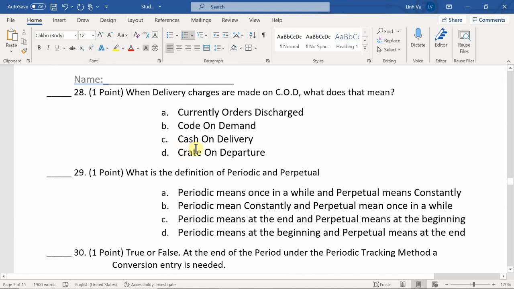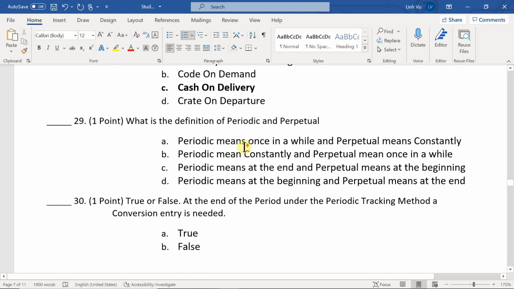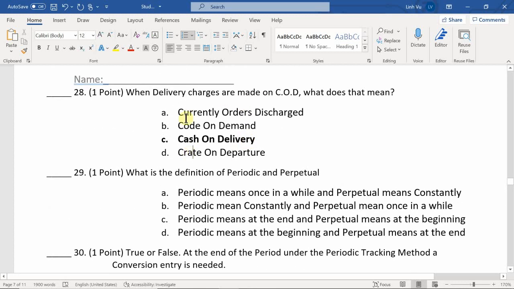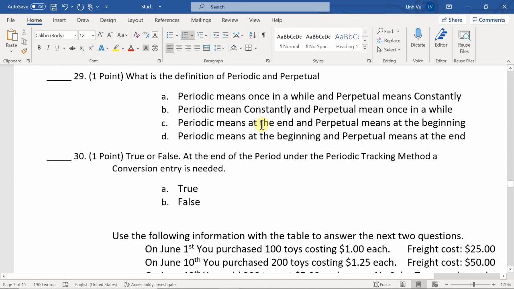When delivery charges are made on COD, what does that mean? C, cash on delivery. It doesn't mean currently orders discharged, it's not code on demand, and it is not crate on departure. Pretty close, but they all kind of say the same thing, except the actual is cash on delivery.